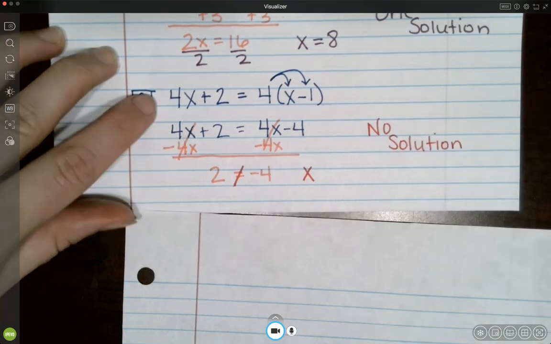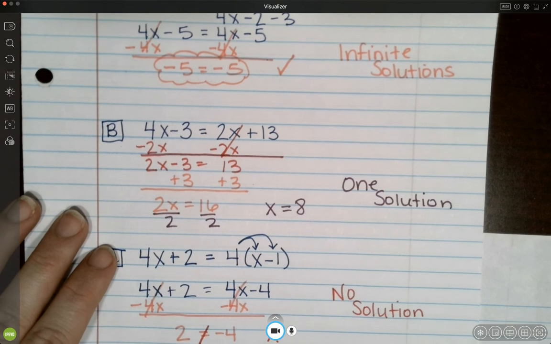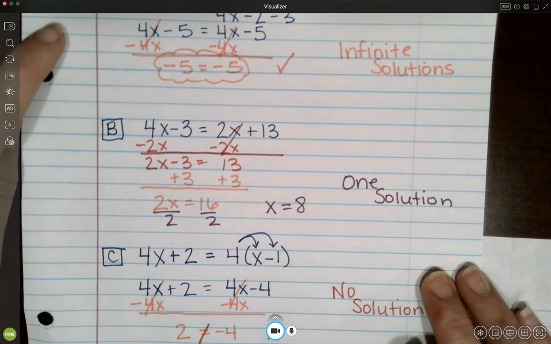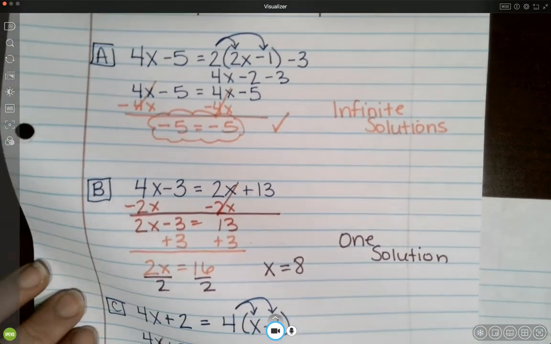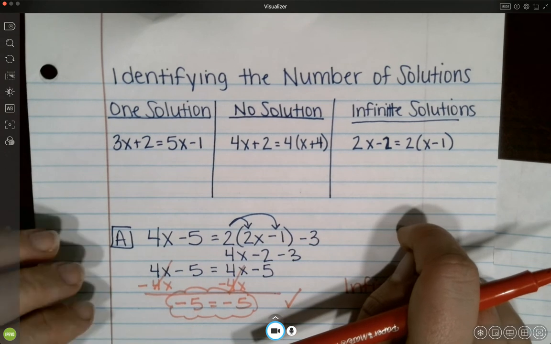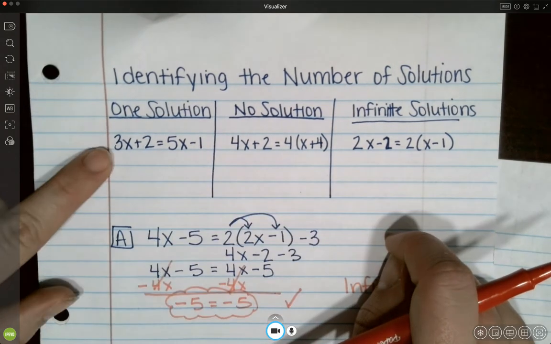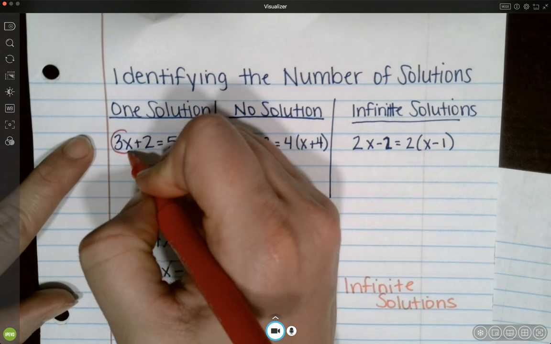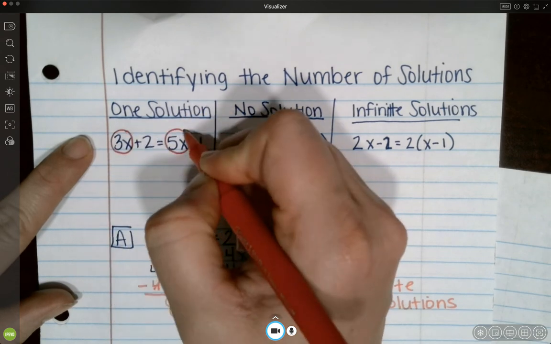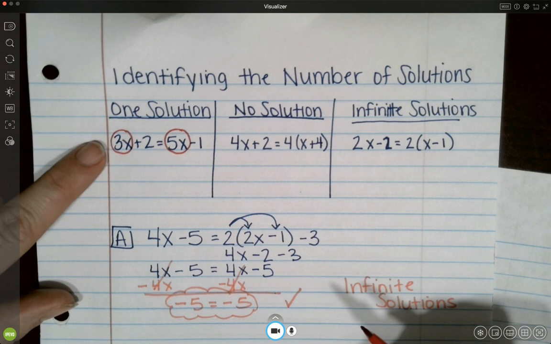All right, so we just took a look at the three different examples: infinite solutions versus one solution versus no solution. So now let's take a look at what rules we can create for the three of them. And they all have to do with our initial equation. Notice for one solution, my coefficients of x are different, therefore they will not cancel.